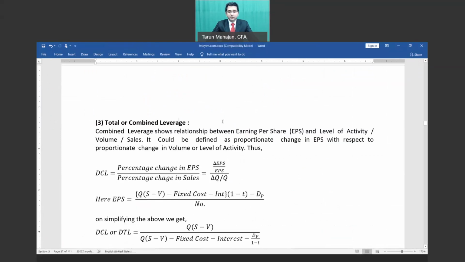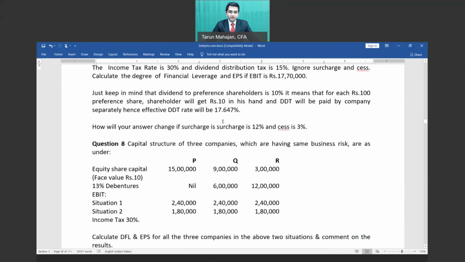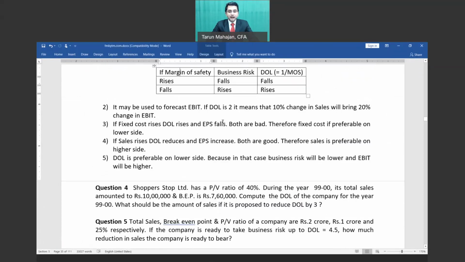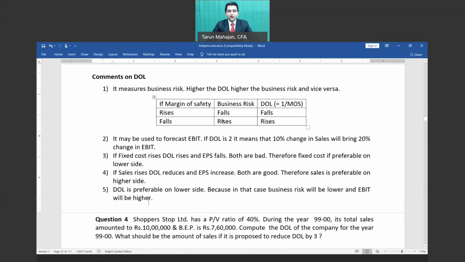If I talk about DOL, then DOL is actually a measure of business risk of the company. You know how? I'll give you one very interesting relationship here.